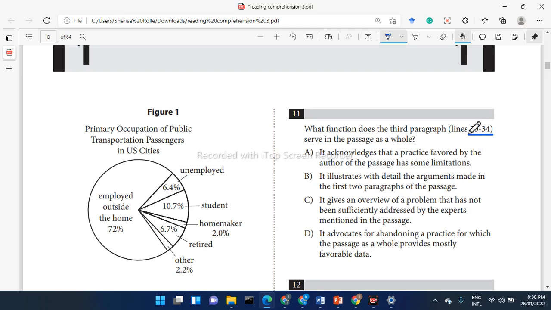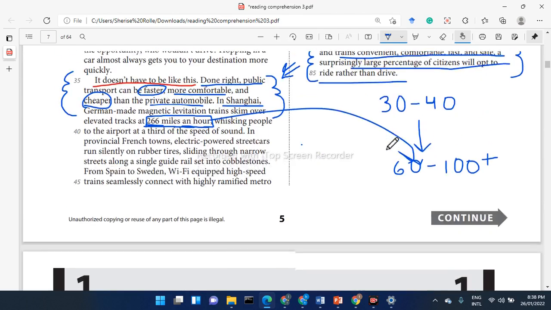So we need to go to lines 20 to 34 and figure out what's happening here. What does it serve, or how does it serve the passage as a whole? Okay, so let's go.